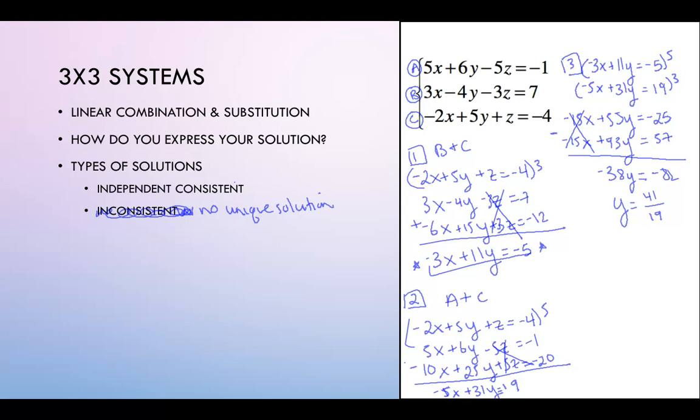And negative 1 plus negative 20 gives me negative 21. Can I fix that? 21 times 3 is going to give me 63. Negative 25 plus 63 gives me 38, which makes more sense.